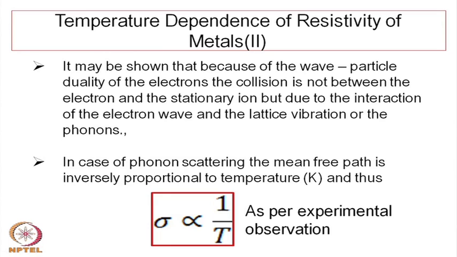So, to continue, it may be shown that because of this wave-particle duality of the electrons, the collision is not between the electron and the stationary ion, but is due to the interaction of the electron wave and the lattice vibrations, or the phonons. Since by this time we are not considering only the particle nature of the electron but also the wave nature, that is how the wave vector and the de Broglie wavelength came in.